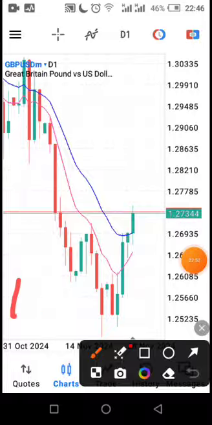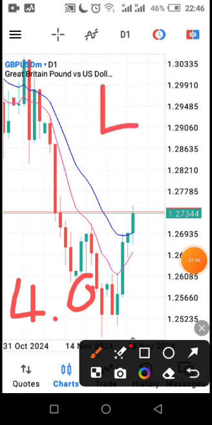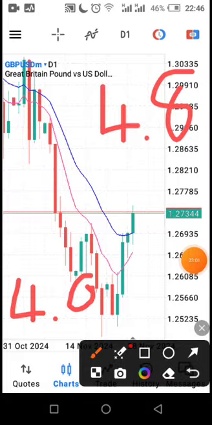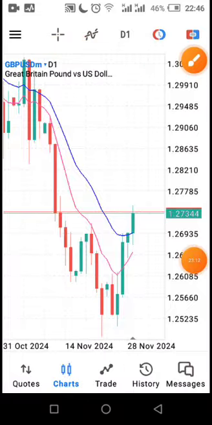For example, if the Great British Pound has an inflation rate of 4.0 and the US dollar has an inflation rate of 4.8, it will be okay for you to take sell trades of the GBP USD currency pair, which is just your Great British Pound versus US dollar.